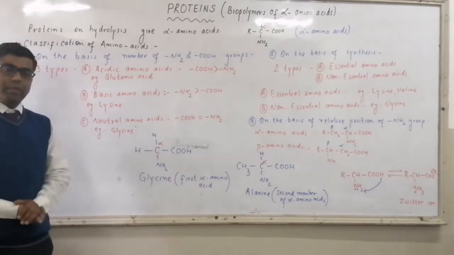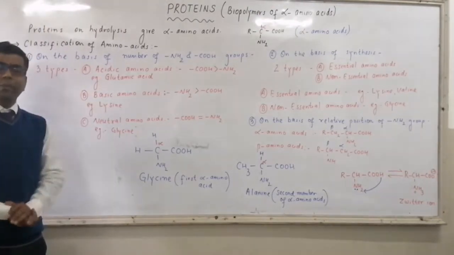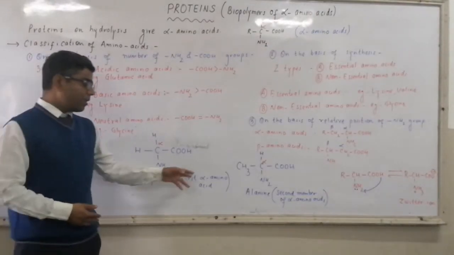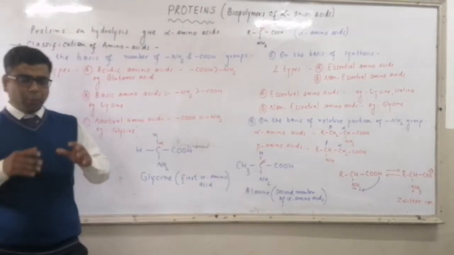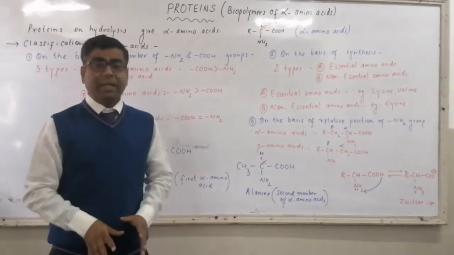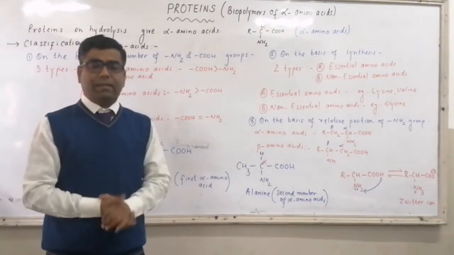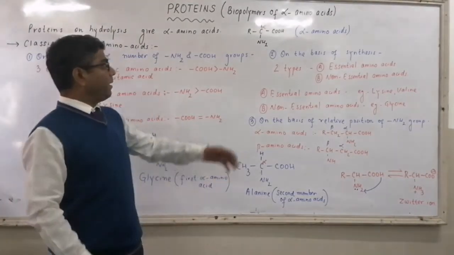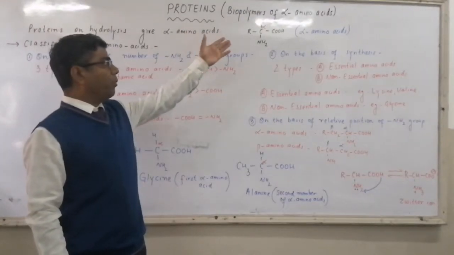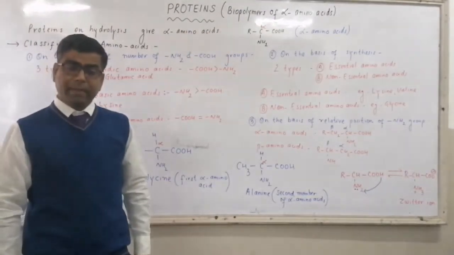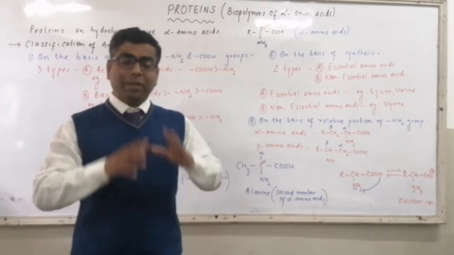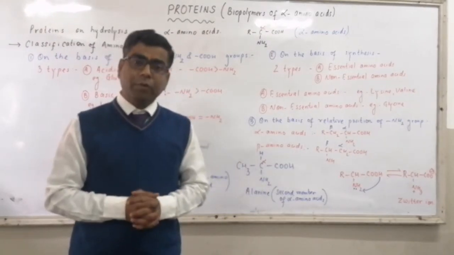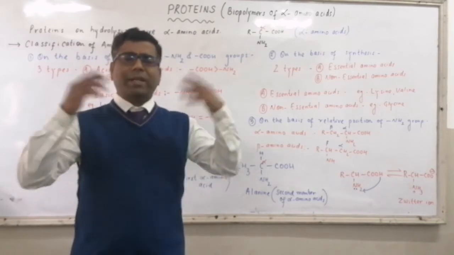So glycine is the simplest alpha amino acid, or we can say it is the first alpha amino acid. Remember, all proteins on hydrolysis produce alpha amino acids. That's why it is written here, these are the biopolymers of alpha amino acids. Only alpha amino acids are utilized in formation of proteins in our body or outside the body.